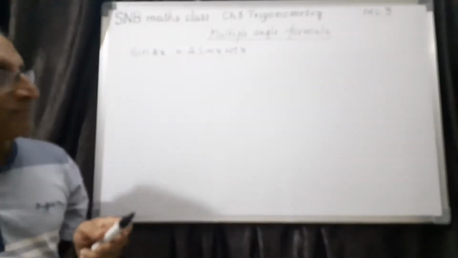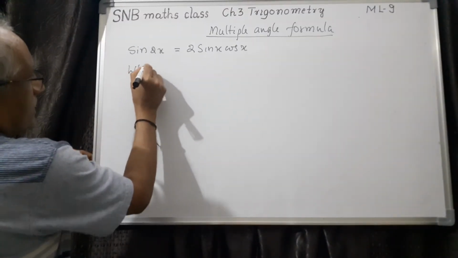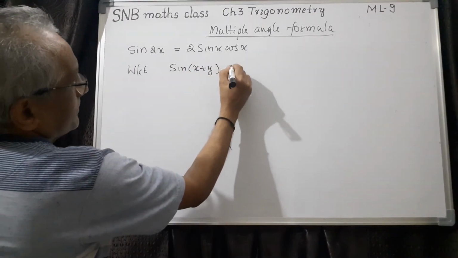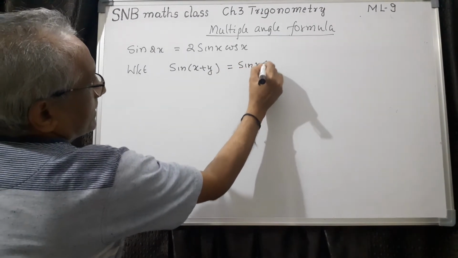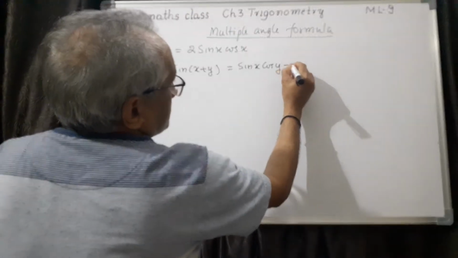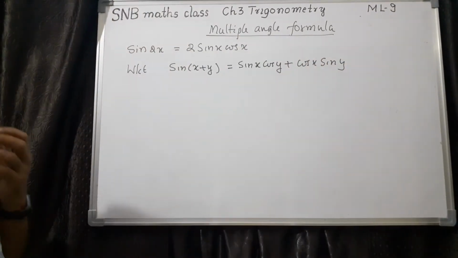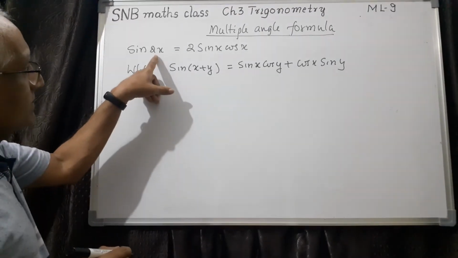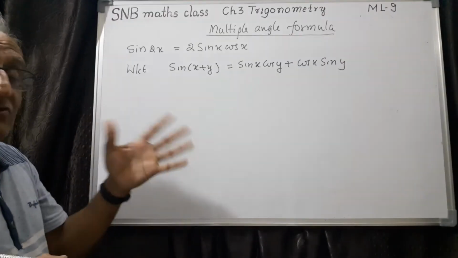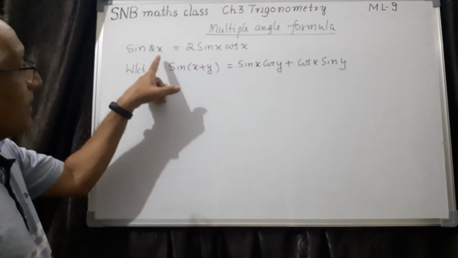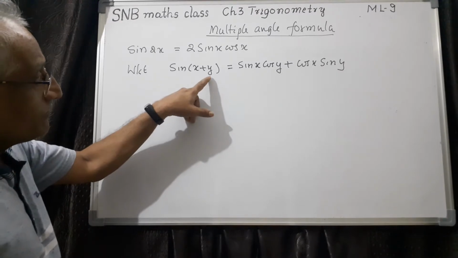Now let us prove it. The proof is actually one step. We know that sine of x plus y equals sin x cos y plus cos x sin y. There is no need to remember anything; no question of mechanical memorization of the formula. I want 2x, therefore put y equal to x.